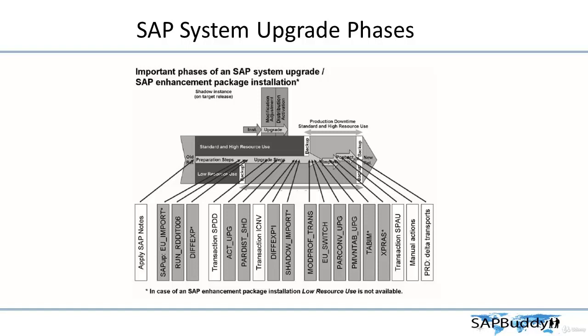Then the next step is the parallel conversion of table structures. So we prepared already. Then it will start doing the parallel conversion of the table structures. Then it will move all the nametabs to the table structure. Then it will import the new data to the standard customizing and the language texts, this kind of information.